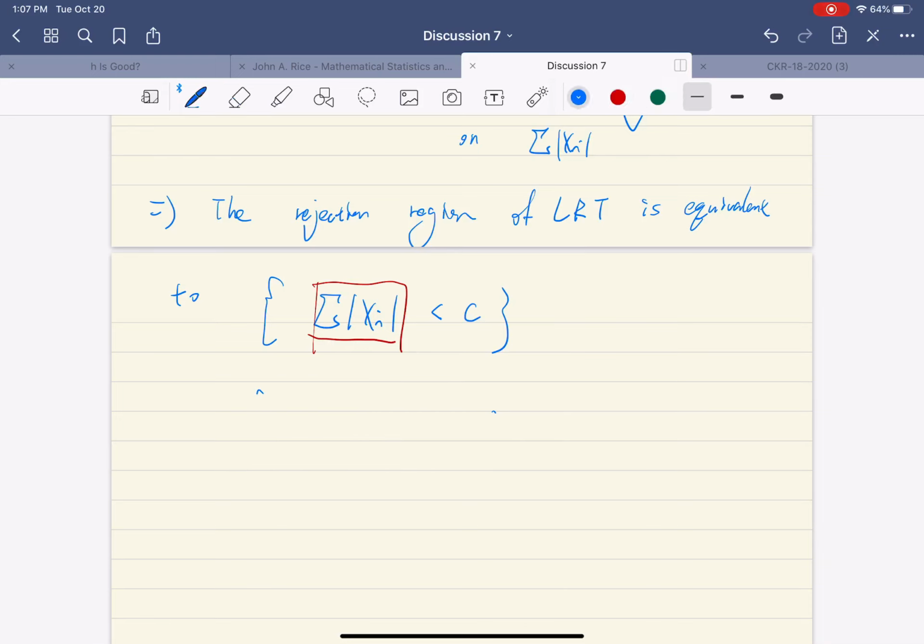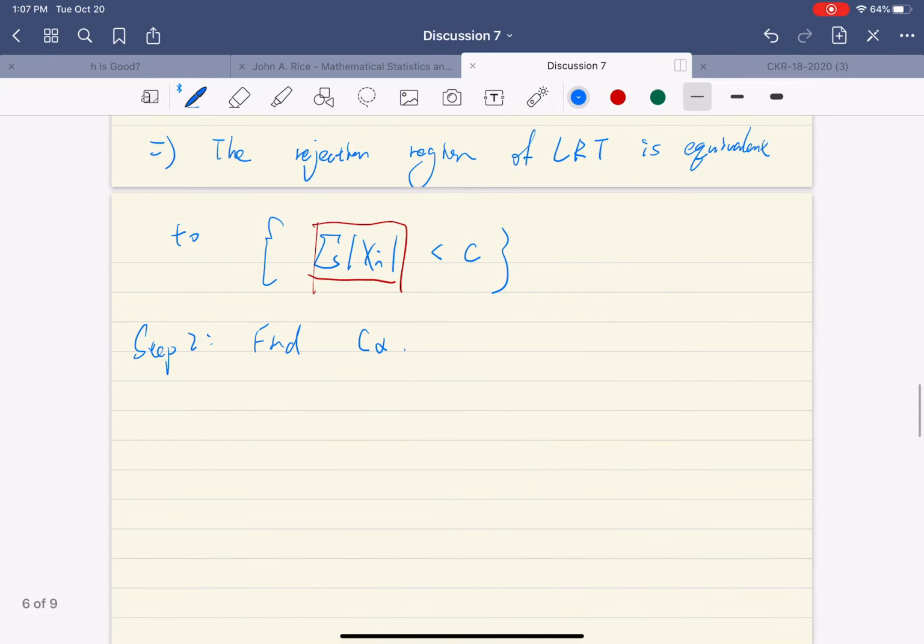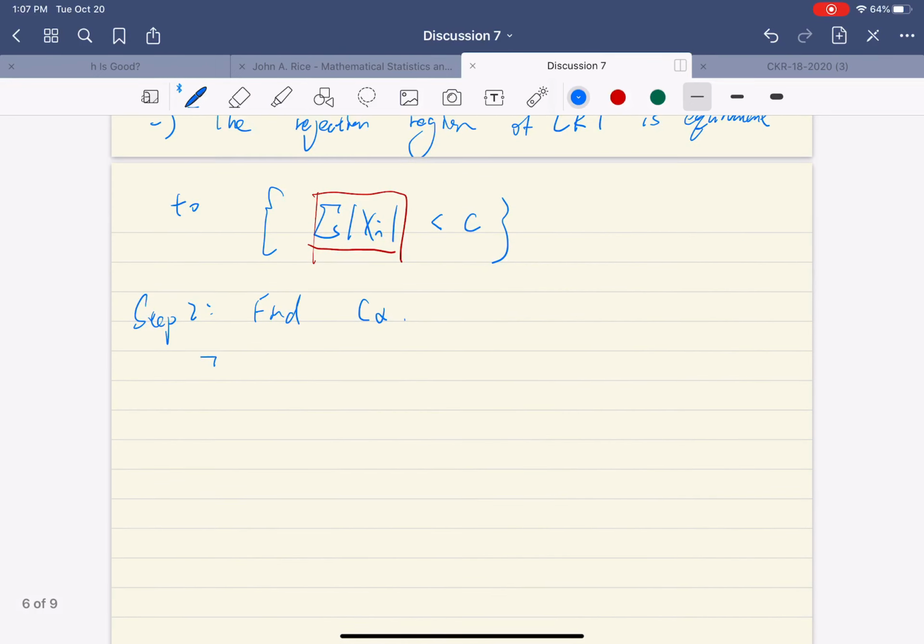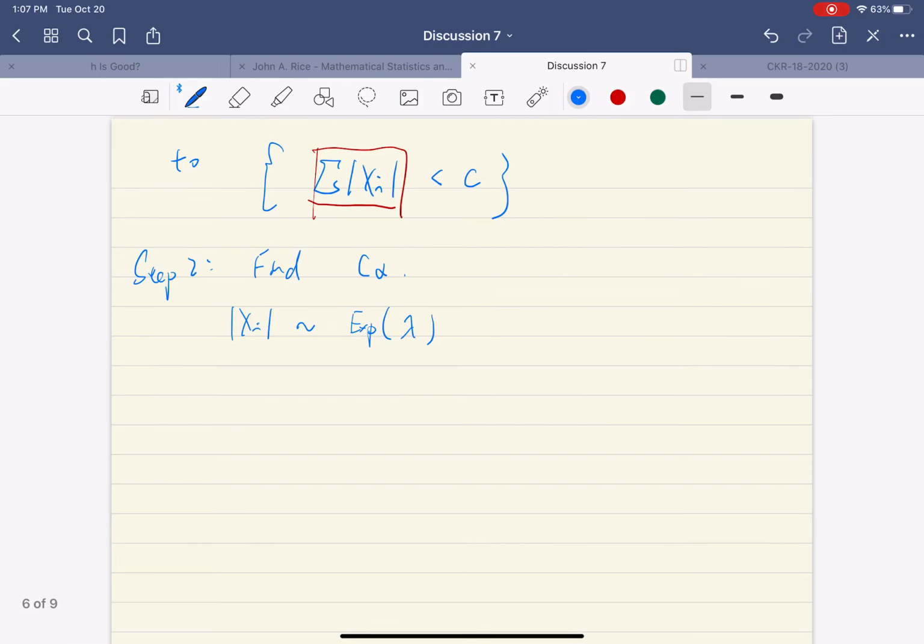Step 2, we want to find C alpha. First, we know that the absolute value of Si follows an exponential distribution with lambda 0 under the null hypothesis. So that means the summation of the absolute value of Si follows the gamma distribution with parameters n and 1 over lambda 0.